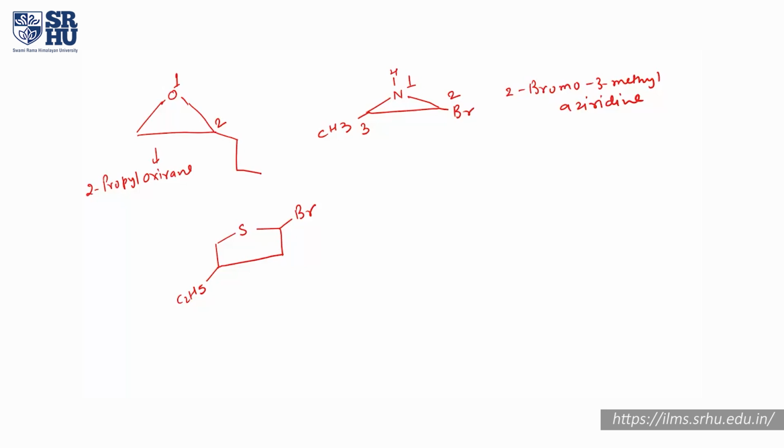You have to name it as per the lowest locant rule, and the lowest locant rule says that sulfur is 1. Then you have to move in such a way that the sum of the positions is minimum. So bromine will be given the second position, followed by ethyl, which will be given the fourth position. Hence its name will be 2-bromo-4-ethyl thiolane. So this is the structure.